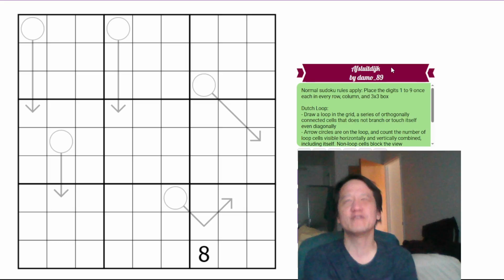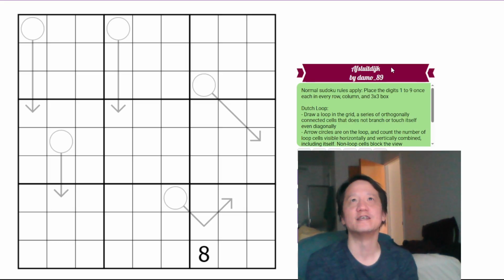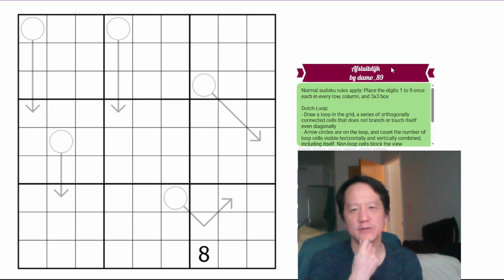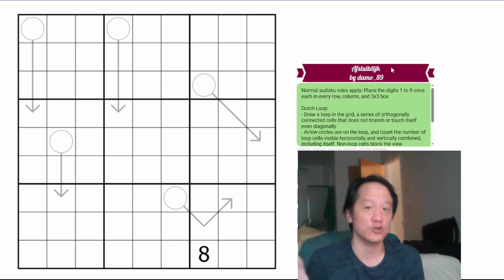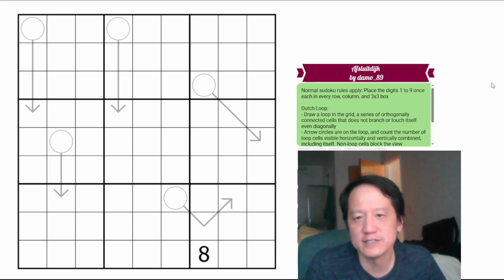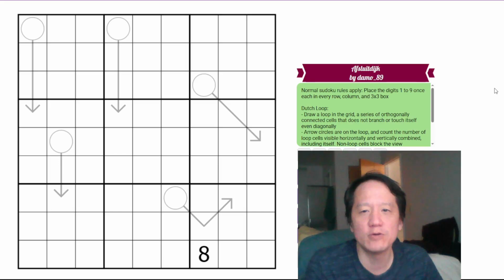I don't even know what it stands for, but I've seen it a decent amount when I would visit the Netherlands. So I'm guessing it's probably some Dutch combination word, maybe something like Dutch loop. I don't know, that would be a guess. But it's by Damo89, I don't know how you pronounce it.